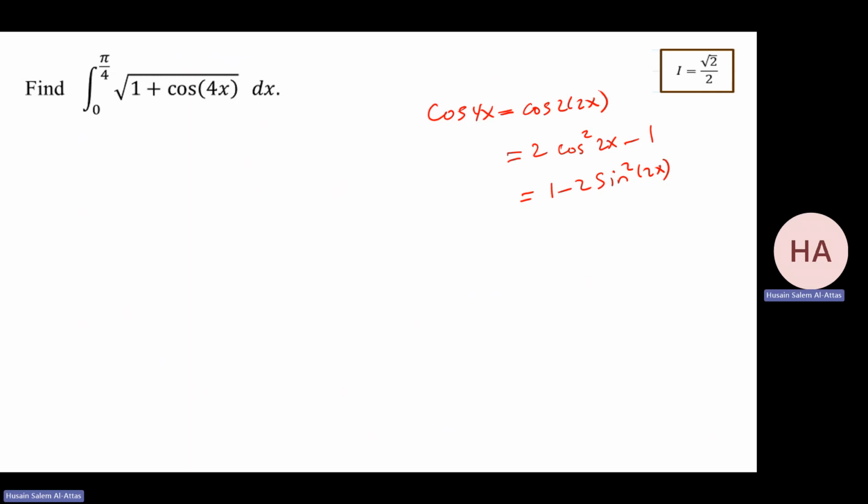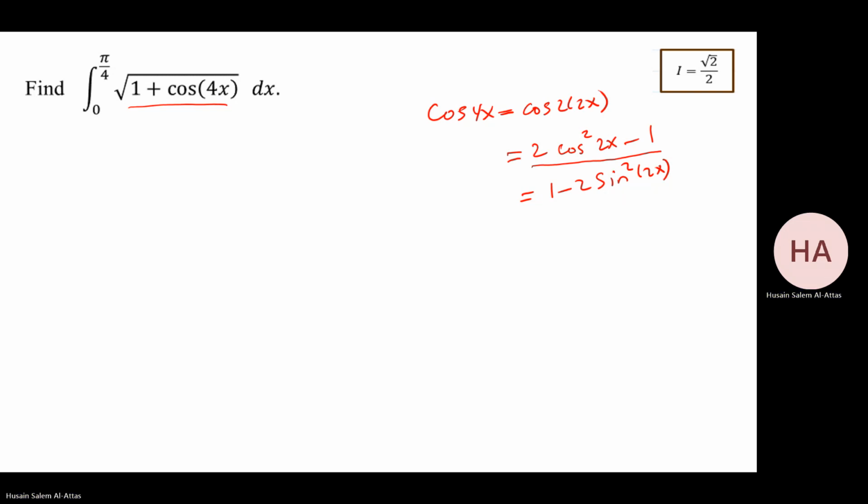Yeah, you need to be careful. Now, if I put this quantity there, I'm still having a problem because it will be 2 minus 2 sine square. However, if I put this quantity, I get rid of 1, and everything will be squared.